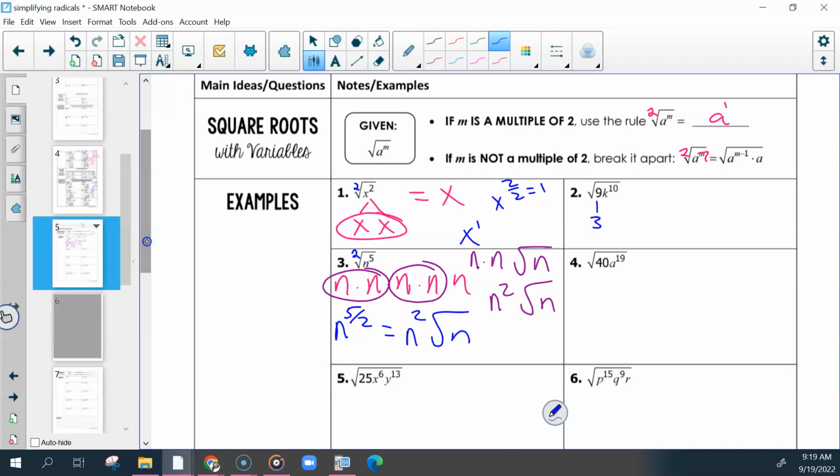So this would be me doing the perfect square method because 1 is already a perfect square. And then if I wanted to use this method, 2 goes into 10 how many times? 5. So I would have k to the 5th with nothing left over. So 3k to the 5th would be my final answer. There's nothing left inside the radical.